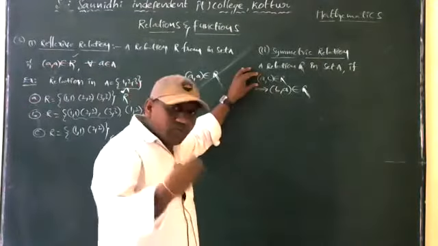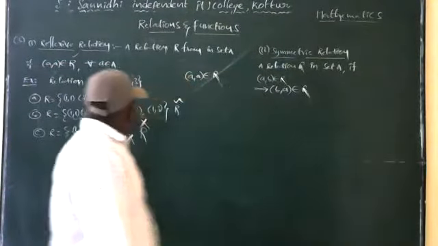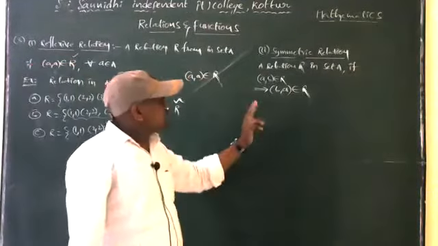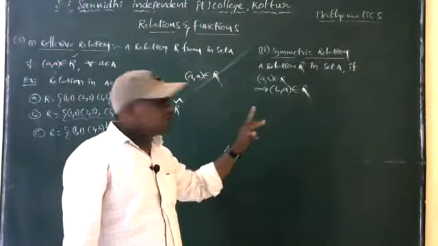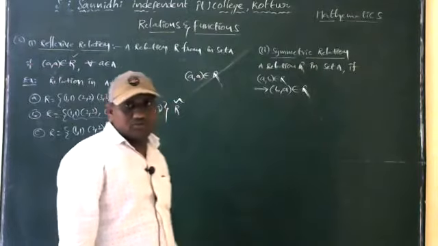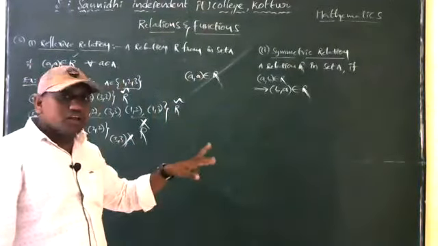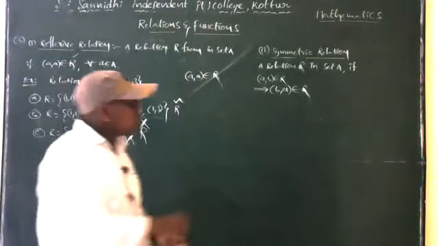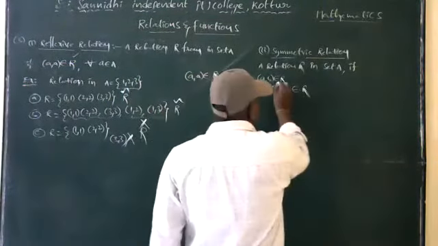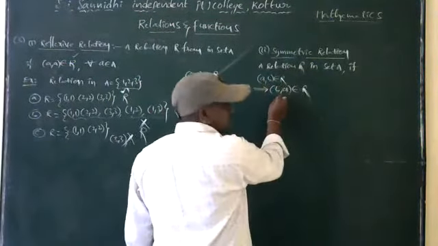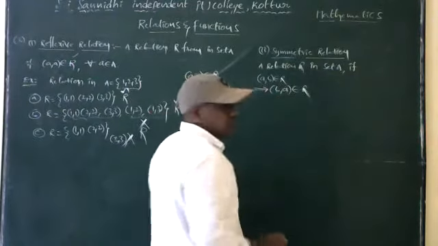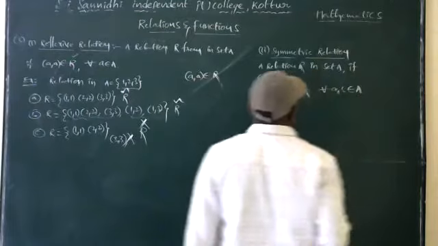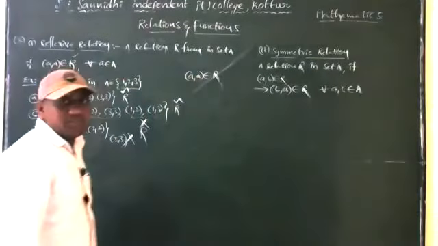You take any one ordered pair from the relation, then check its opposite, the ulta ordered pair. Right? If A comma B is there and its reverse B comma A ordered pair is there, then that is called a symmetric relation. A comma B belongs to relation, which implies B comma A belongs to R, for all A comma B belonging to set A. Clear?